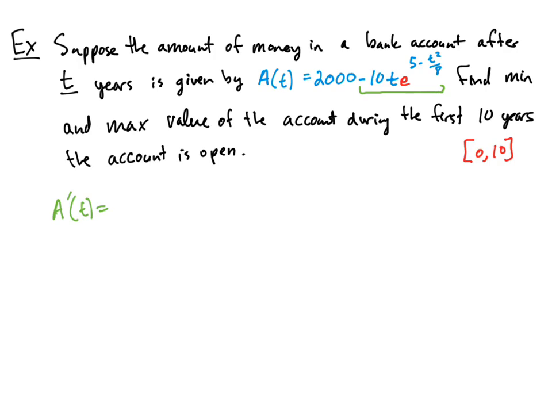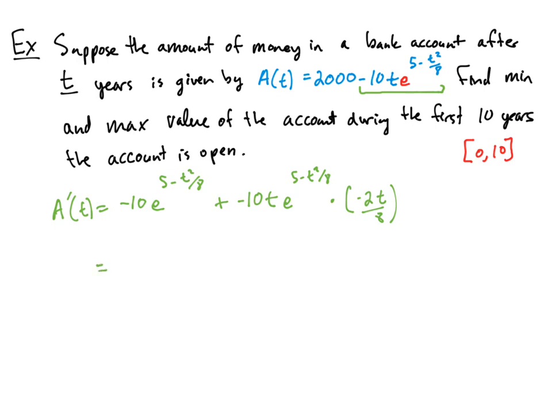The derivative of the first function, negative 10t, is negative 10, times e to the 5 minus t squared over 8, plus the first function, negative 10t, times the derivative of the exponential function, e to the 5 minus t squared over 8, times the derivative of that exponent. The derivative of 5 minus t squared over 8 is negative 2t to the first power over 8.